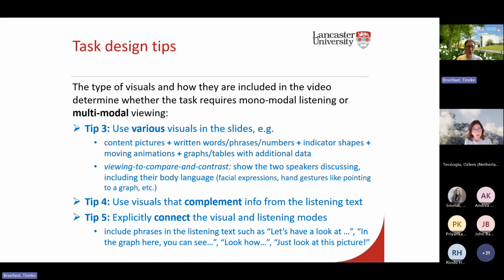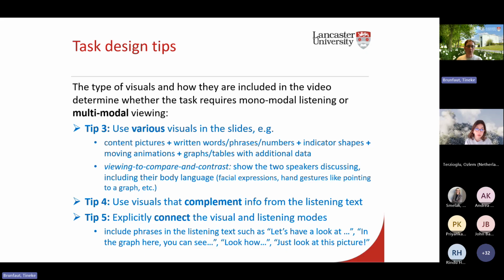What is really important is to keep in mind that the type of visuals you select for your video input, and how they are included in your video, will determine whether the task ends up being a monomodal listening input or a multimodal viewing input.